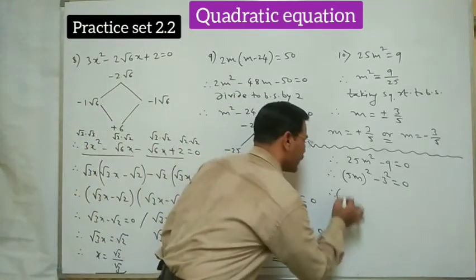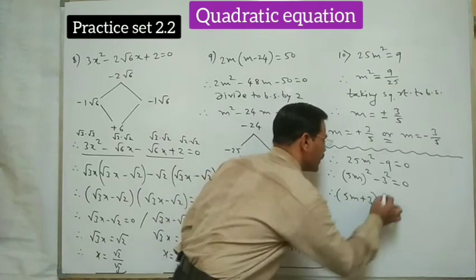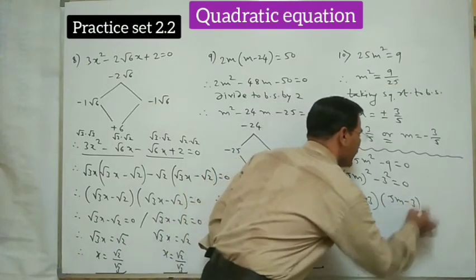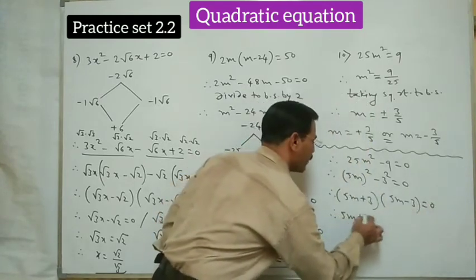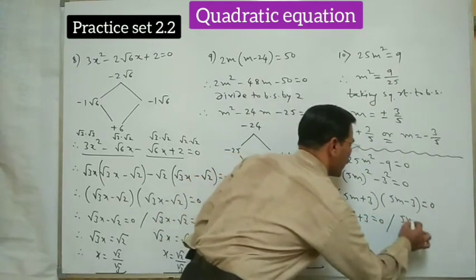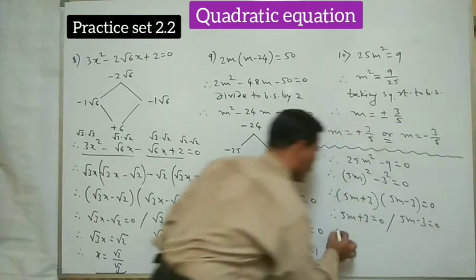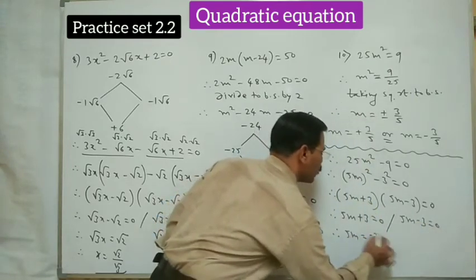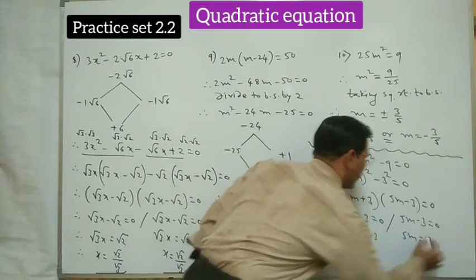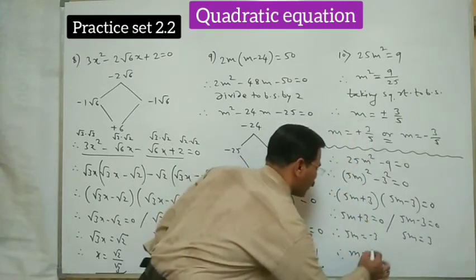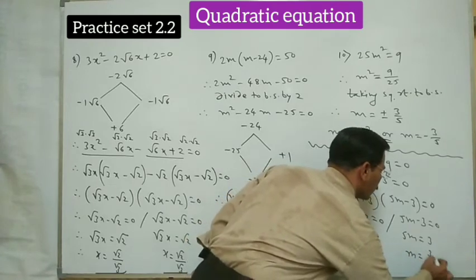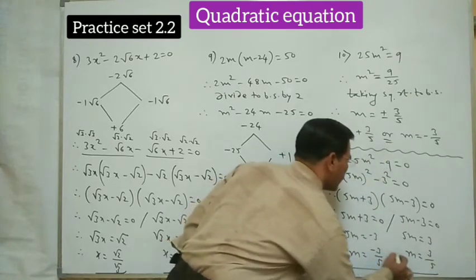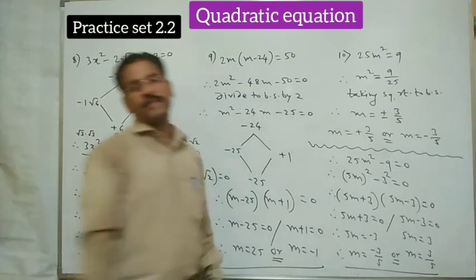So we can write here (5m plus 3)(5m minus 3). By our usual procedure, if you solve that, we'll get the solutions: m is equal to minus 3 by 5 and m is equal to 3 by 5. Here they are the solutions.